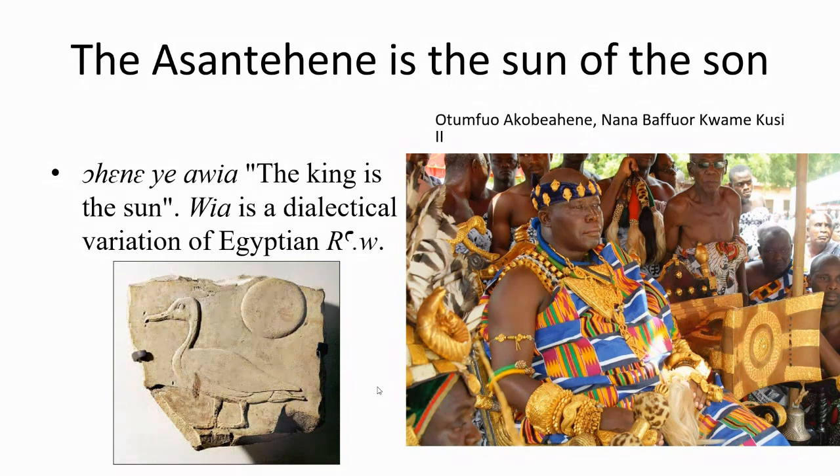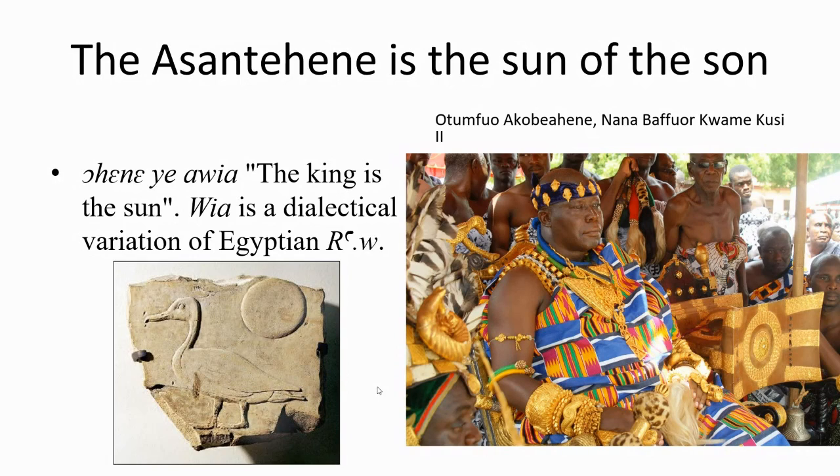And so on the right here, you have Tufuo Okobahene, Nana Bafora Kwame Kusi the second, who was a king in Ghana in recent times. And so, just showing you that at least in three African traditions, the king is seen as a living sun.